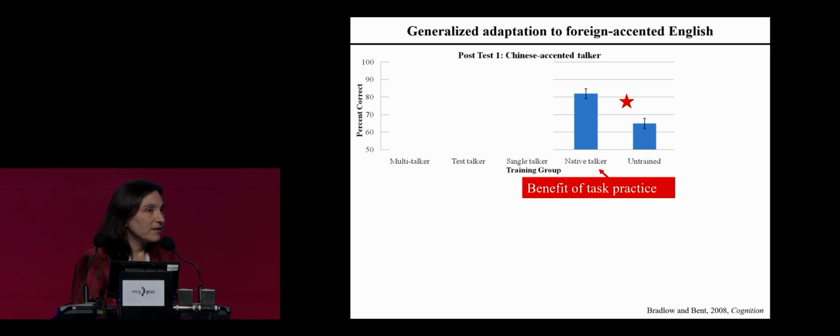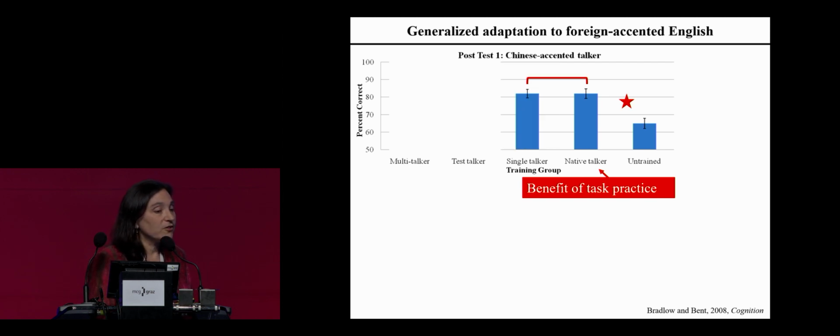We're not particularly interested in that in this study, but we'll take this as our baseline for comparison for the other test conditions. So we're looking to see if through exposure to Chinese accented English, you can improve in your intelligibility of a novel Chinese accented talker, and the improvement should be above and beyond the improvement that you get on the task just by virtue of having practice on the task.